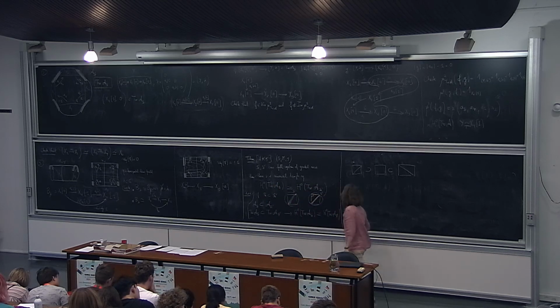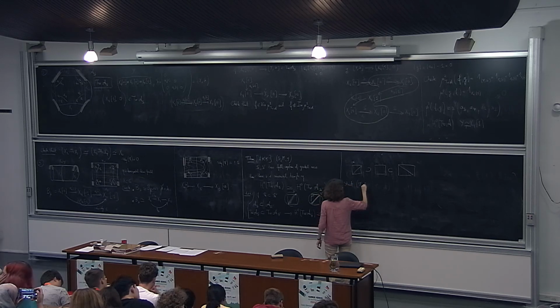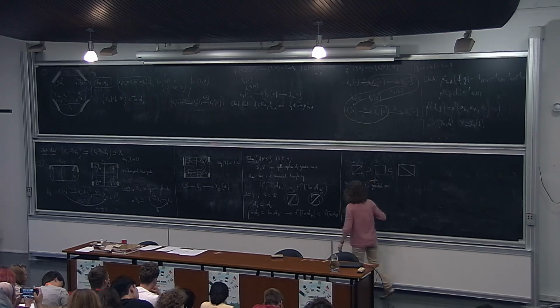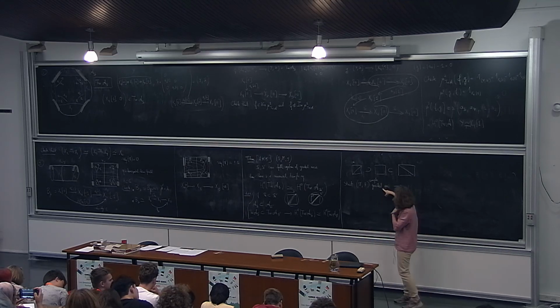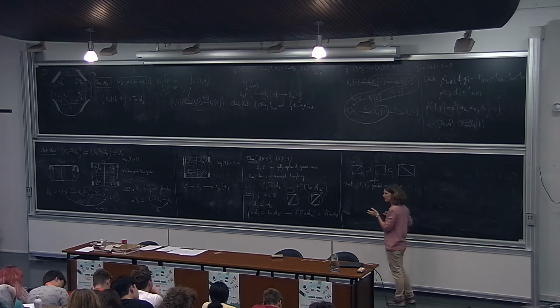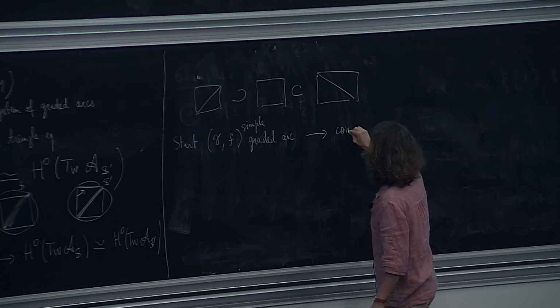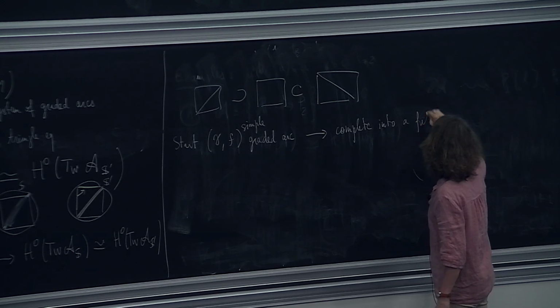And the other thing here, which is very nice, is that because of this construction of this equivalence, if I start with a graded arc, if it's simple, then this graded arc I can see as an object. I can complete this into a full system.